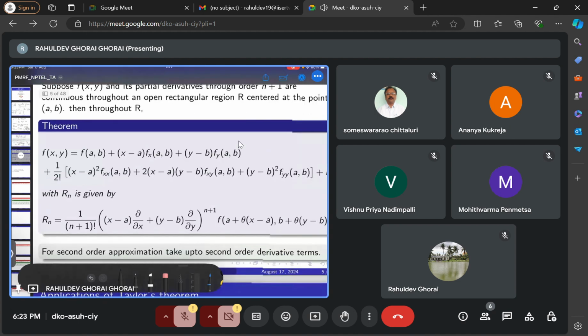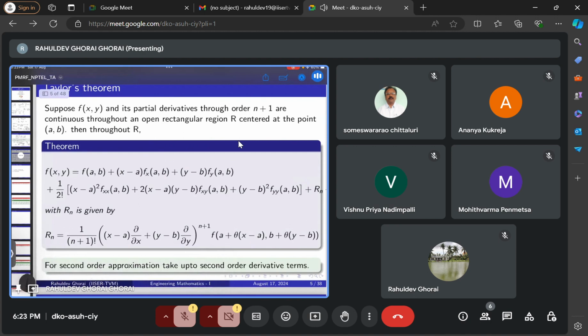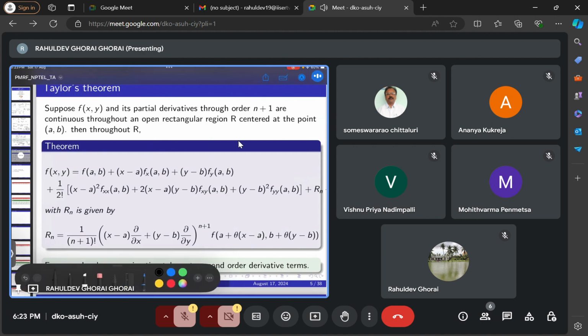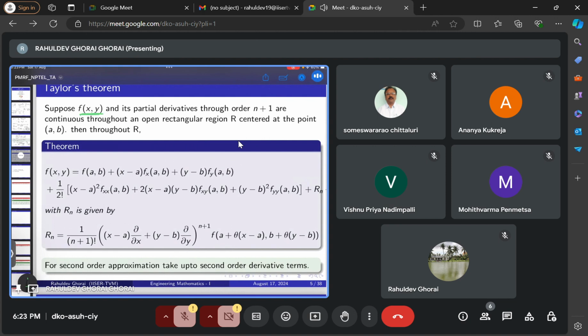Now we'll move to functions of two variables. Suppose it is a two variable function whose partial derivatives up to n plus 1 are continuous, then you can write like this. First will be f of a, b, and then like in one variable we had x minus a times the derivative, here the derivative is nothing but two derivatives, f_x and f_y. The third term will again be x minus a plus y minus b, that whole squared, with a coefficient of 1 over 2 factorial.